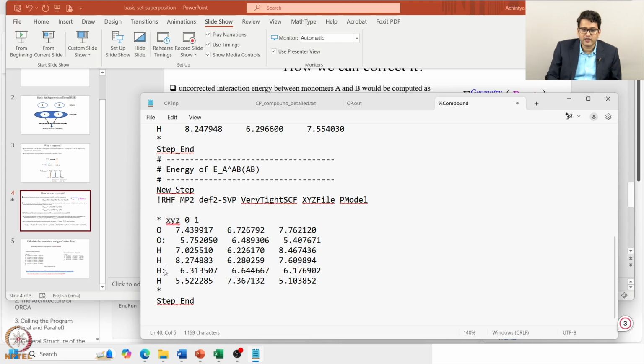So, if I put this colon, this oxygen and hydrogen of the second water will become a ghost atom. What does it mean by a ghost atom? That means it will have the basis set corresponding to these atoms, but not the electrons or the wave function. So, that means now it will become energy of A at the basis set AB and geometry of AB.